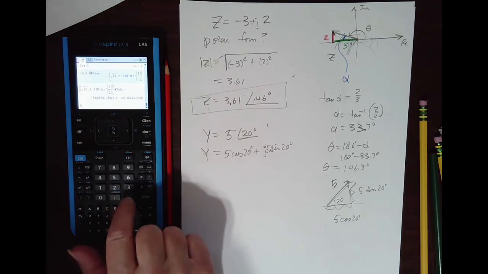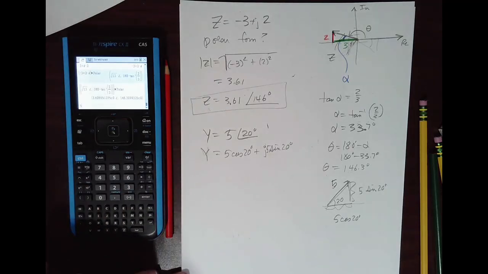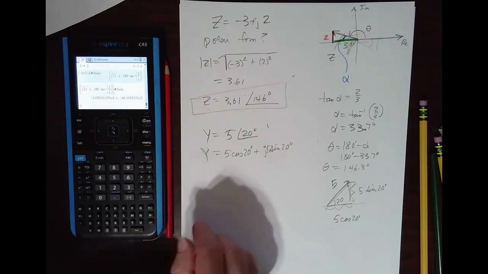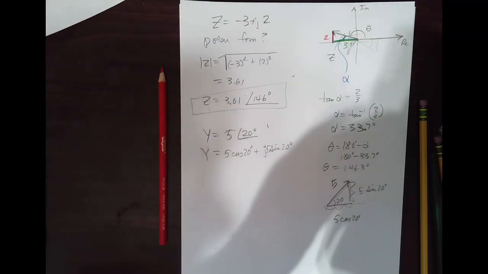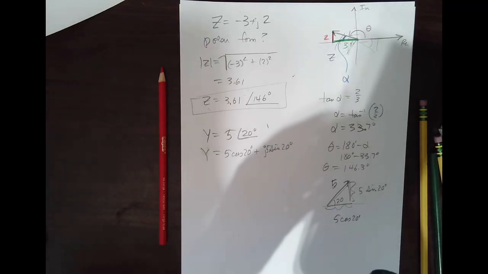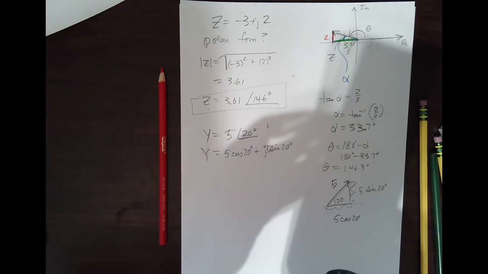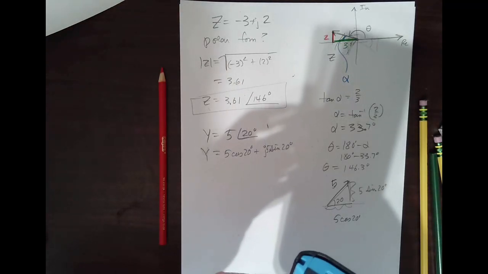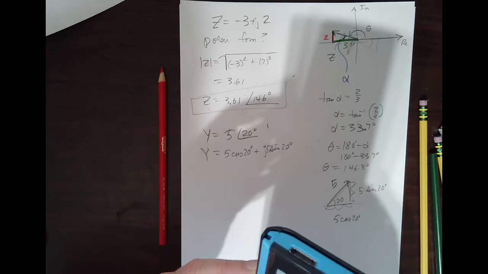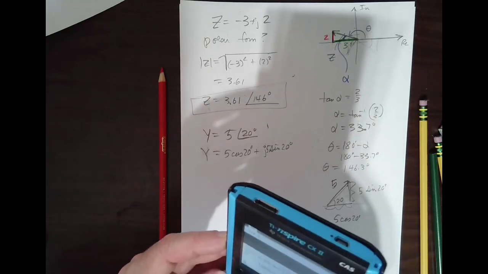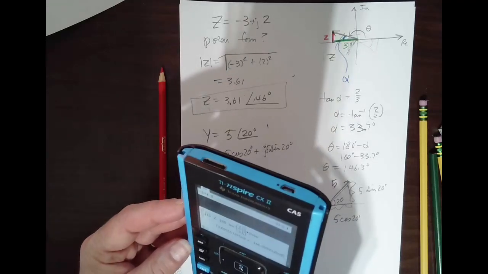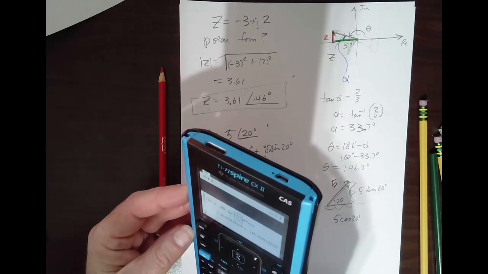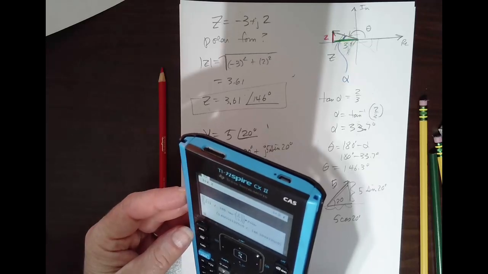Where is it? Can't see my calculator in there. How embarrassing. I forget how to do it when you get on camera. One of these buttons gives me a numeric.